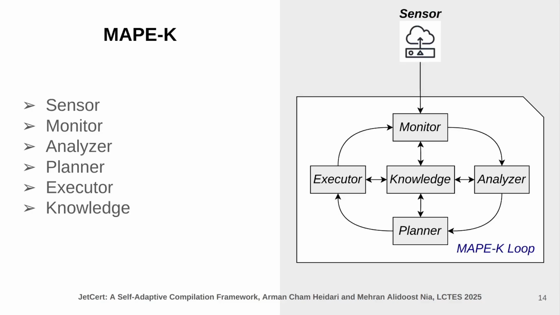JetCert, by implementing the MAPK loop subsystem, monitors the system and the environment in each period. The MAPK loop can adaptively change the state of each module in the modules management component based on the MAPK rules defined by the developers.